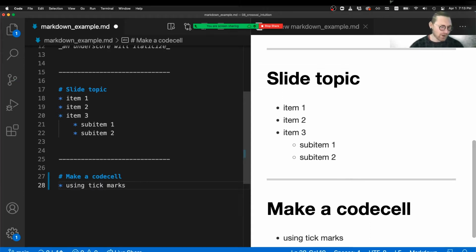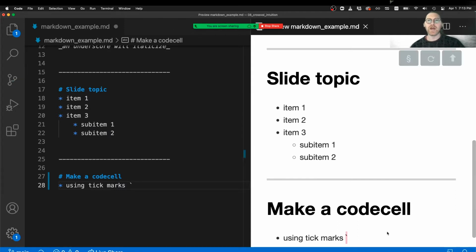And tick marks look like this, right? You see this? It's not a single apostrophe. It's the thing above your tab key. It's the thing that you use when you paste code in when we have a challenge, right?